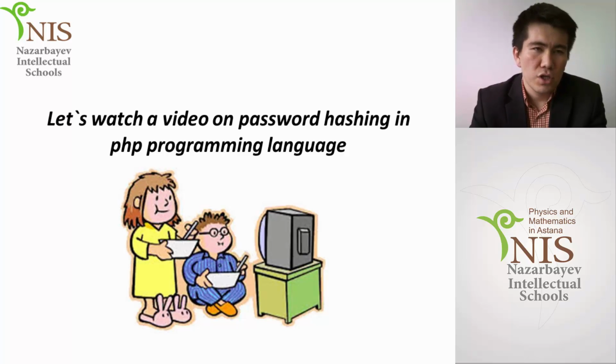This video is taken from YouTube, and this guy will explain in more detail how we can implement this hashing in the PHP programming language. He will use some special hashing functions like MD5, SHA1, and other functions. Now let's watch this video.